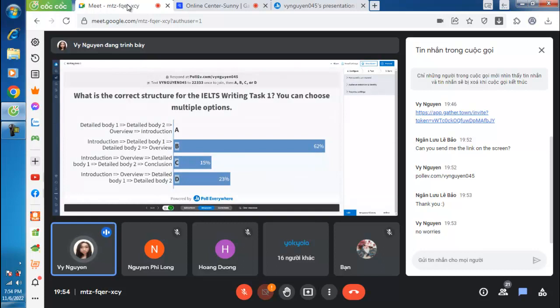So if you already write an overview, don't write a conclusion, because as I said before, we only have 15 minutes to write. So if you spend time writing a conclusion, which will be exactly like the overview, they are just paraphrases of each other, right? So there's no point. If you write a conclusion, it's not going to add more points to your score. It's going to be the same, right?